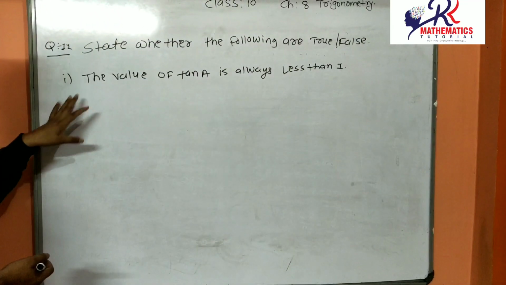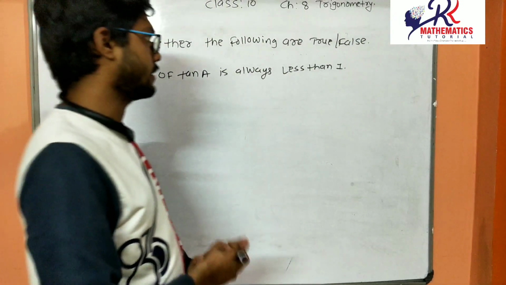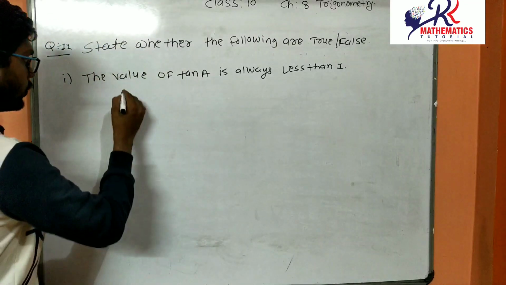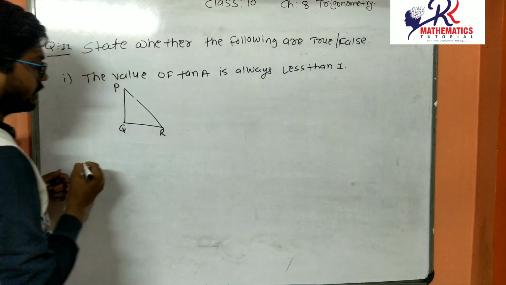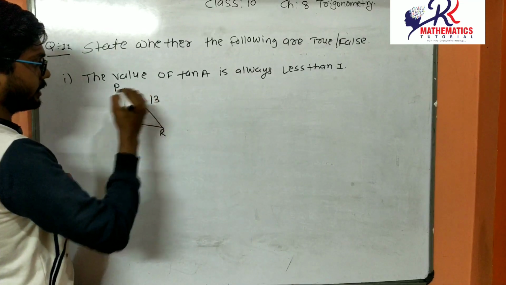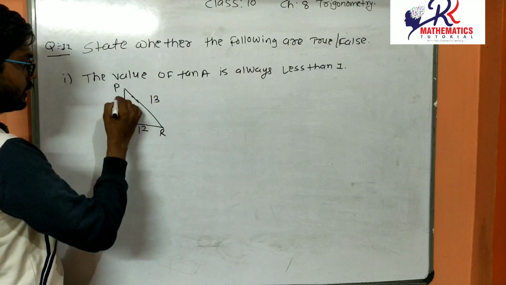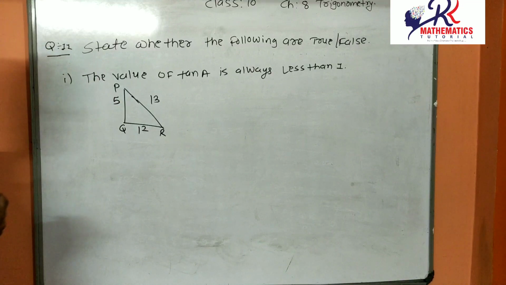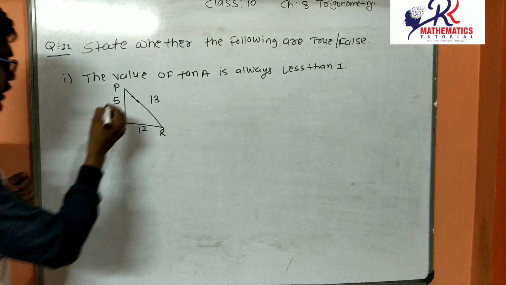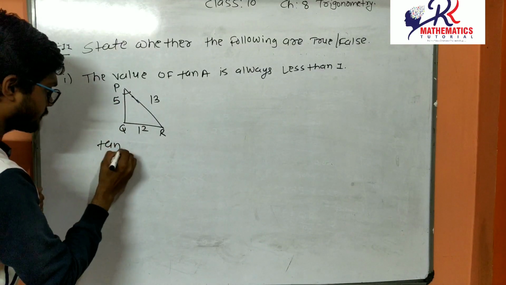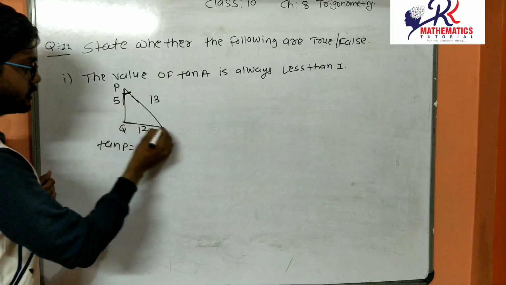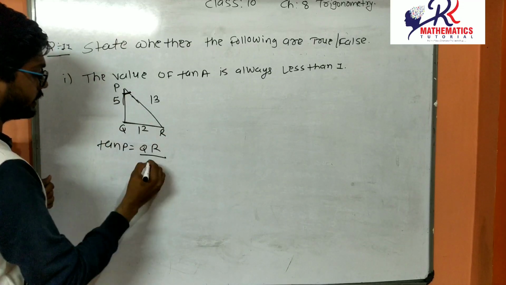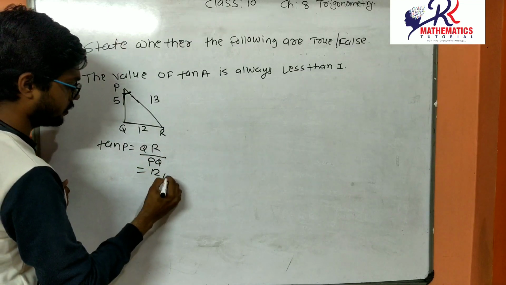Number 11, state whether the following are true or false. The first question: the value of tan is always less than 1. Suppose we take a triangle PQR in which hypotenuse is 13, QR is 12 and PQ is 5. So here we find the value of tan P. Taking P as the reference angle, it is opposite side upon adjacent side, so it is 12 upon 5.